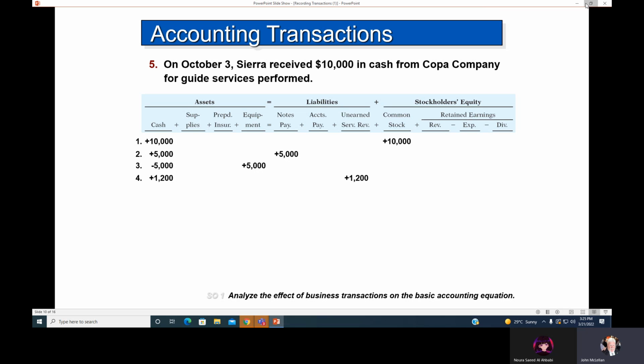Very good. Revenue. Revenue goes up or down? Up. Revenue never goes down. Always goes up. And if I get cash, cash goes up. And I did. I get cash and revenue.